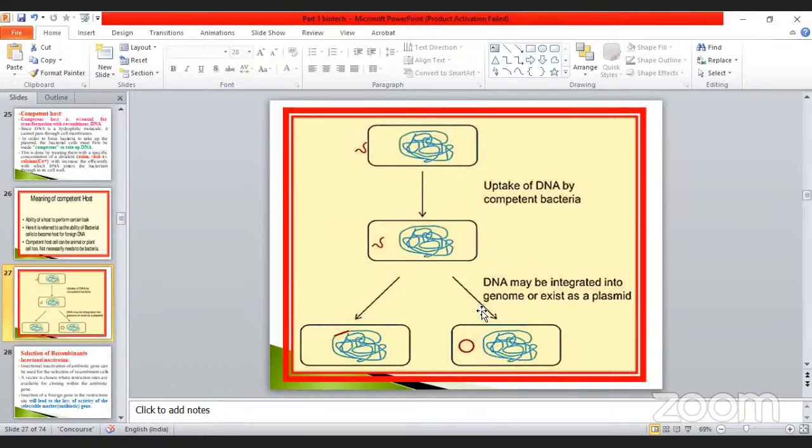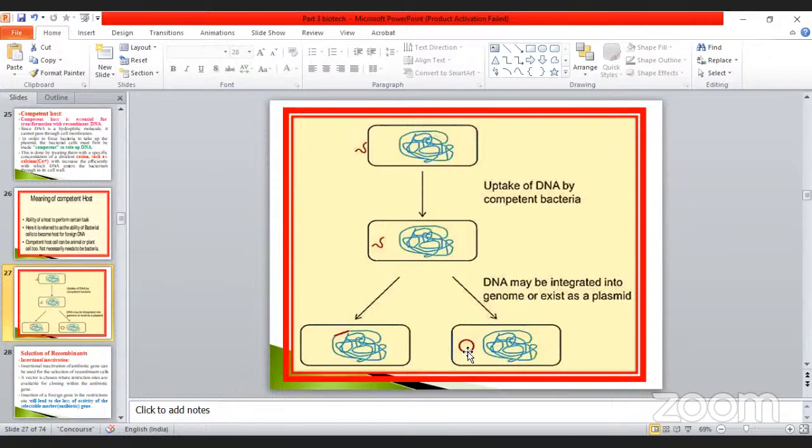Another possibility is that it is present as it is. When it enters, it forms a separate molecule, an extra-chromosomal body, nothing but the plasmid itself. The donor DNA may be integrated into the host genome, or exist as a plasmid.